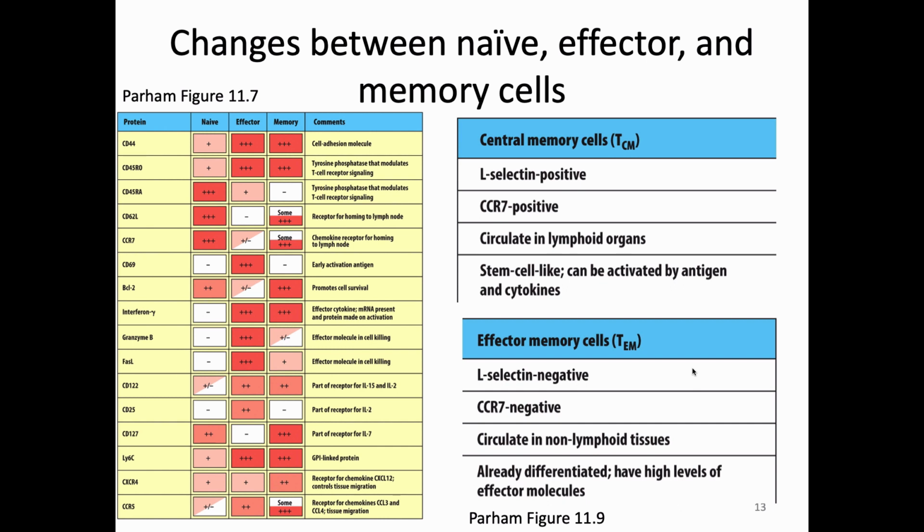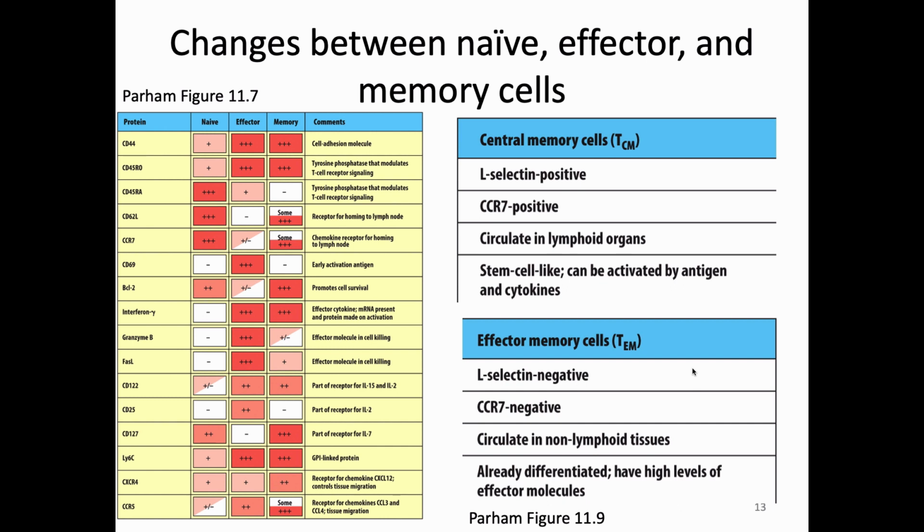We can also divide up the memory cells that we see into different subtypes of memory cells. Two of those subtypes are called central memory and effector memory cells. Effector memory cells are closer to being effectors. And it turns out that these two types of cells are doing surveillance for the pathogen in different parts of the body.